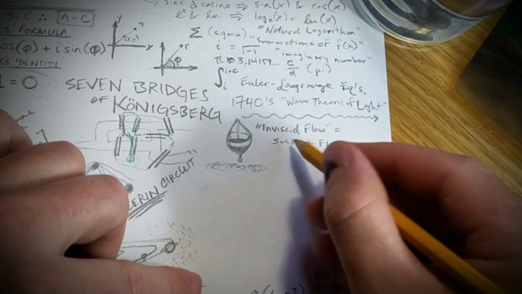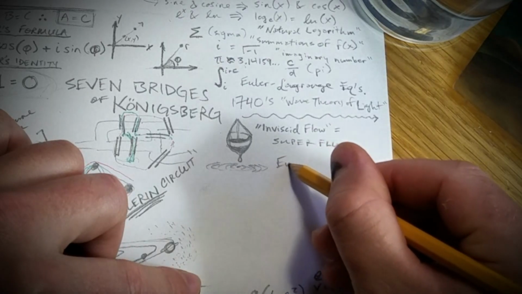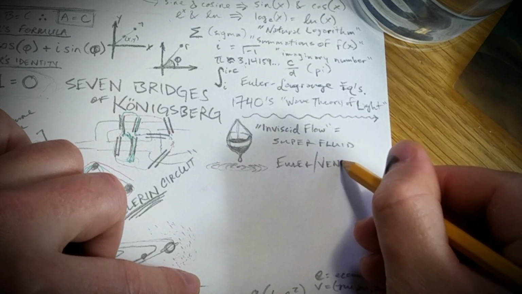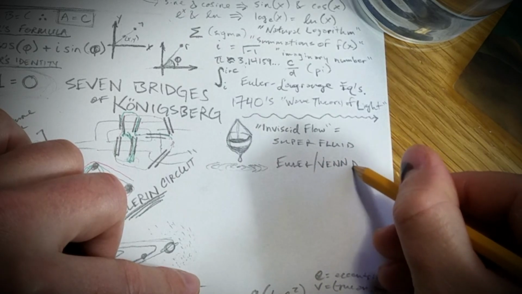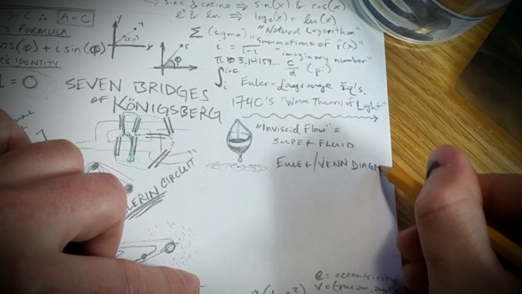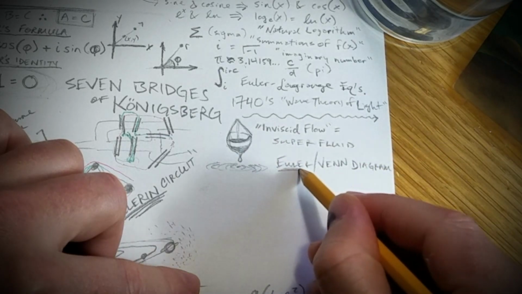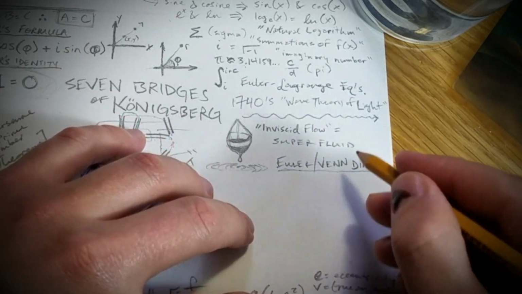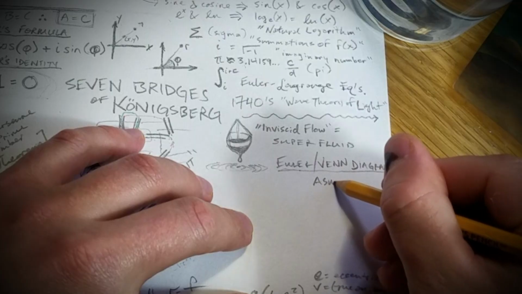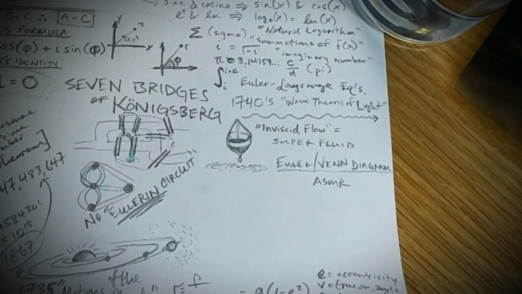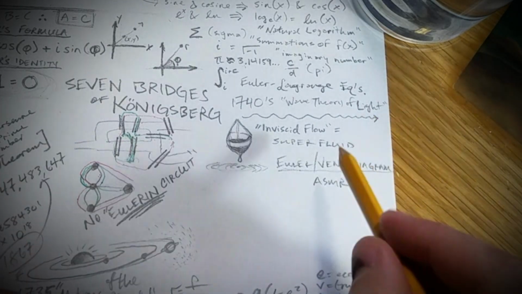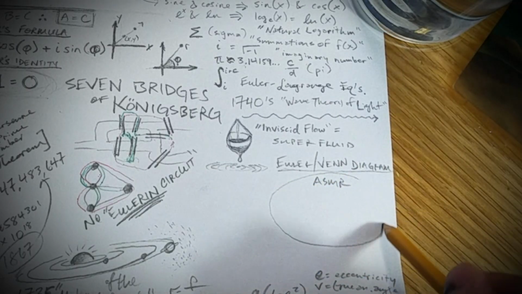So for instance, the Euler Venn diagram for this channel might be: we have a subject, a set, a classification of phenomena you call ASMR.